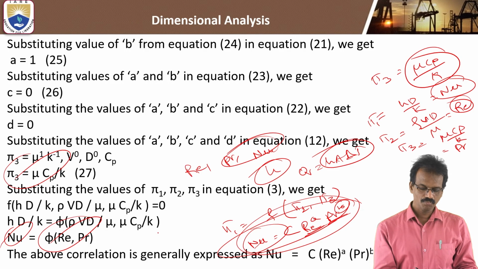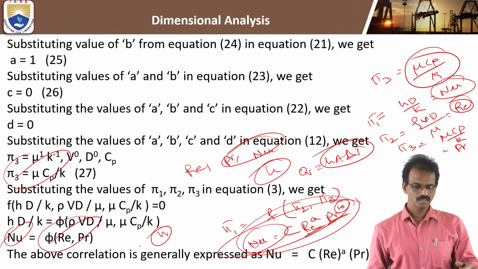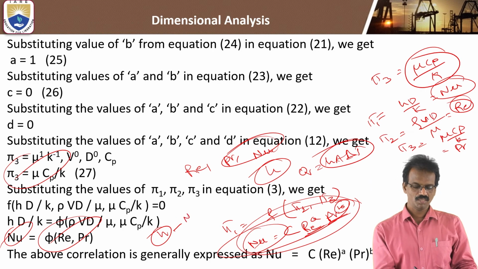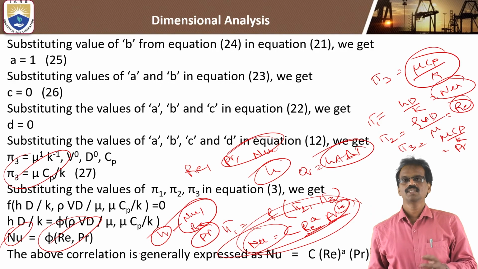So in forced convection, this is the forced convection numerical. It depends upon three dimensionless numbers: the Nusselt number, the Reynolds number and the Prandtl number. By using these three numbers, we can study the forced convection phenomena, find out the heat transfer coefficient, and automatically the rate of heat transfer.